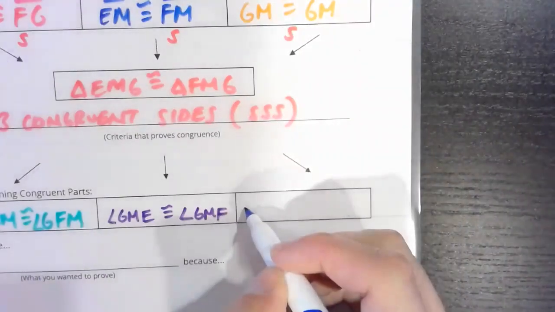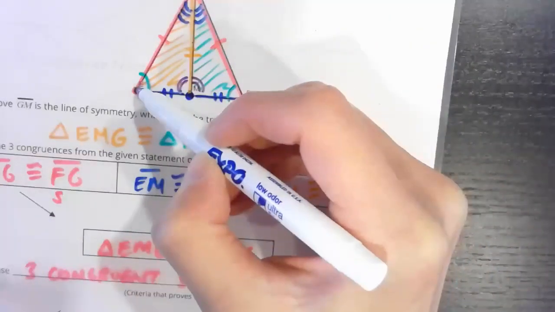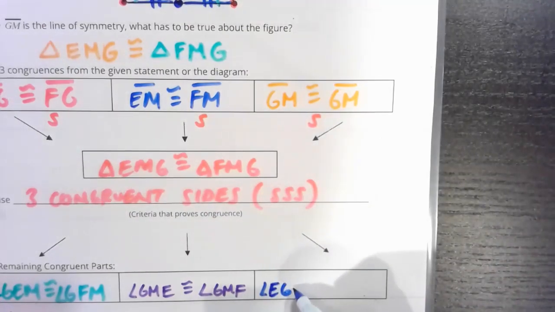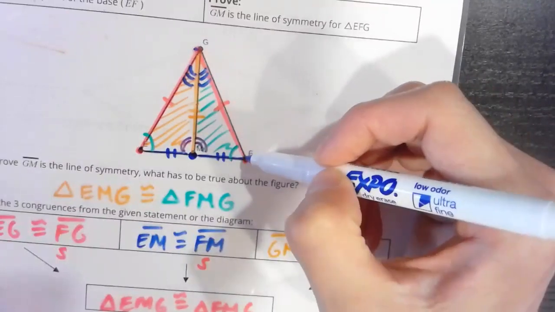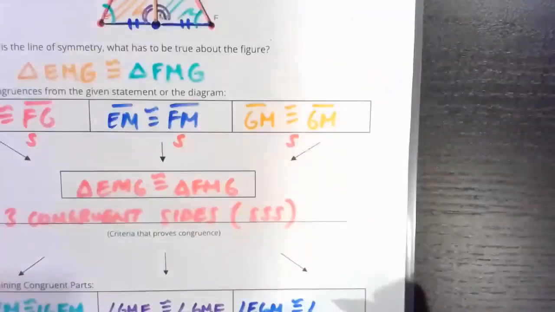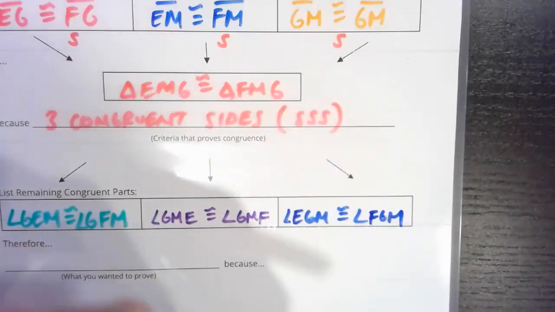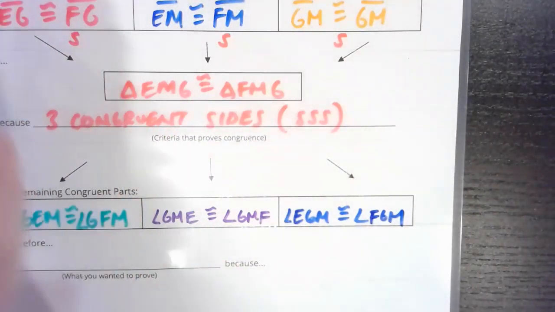So I'll say that angle EGM is congruent to angle FGM. Okay, those are the remaining parts of the triangles that I can also now conclude are congruent.